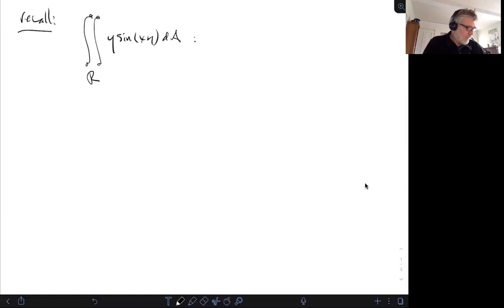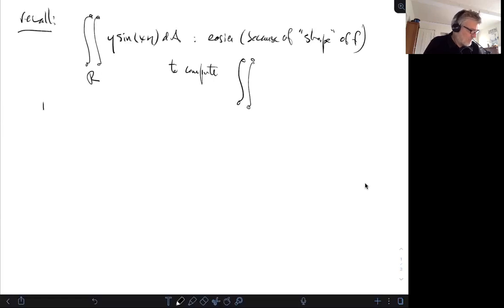It's easier, because of the shape of f, to compute the integral. Sorry, I didn't say what the rectangle is. The rectangle is [1,2] times [0,pi]. So this is the last example I did last time.